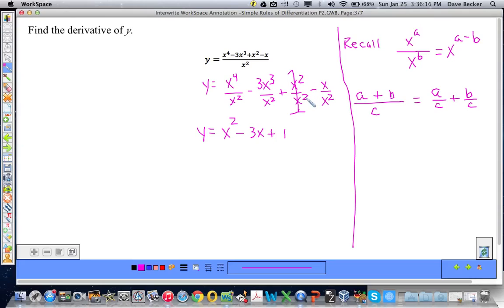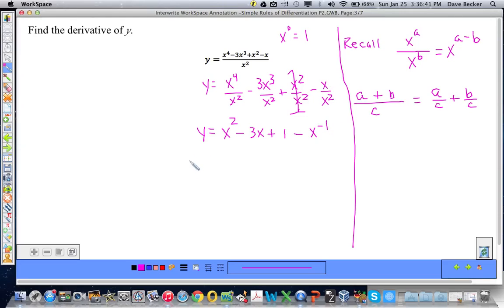Also, 2 minus 2 is 0, and x to the 0 is equal to 1. Anything to the 0 power is equal to 1 except 0 itself. Minus, this is 1 minus 2, so it just becomes x to the negative 1.